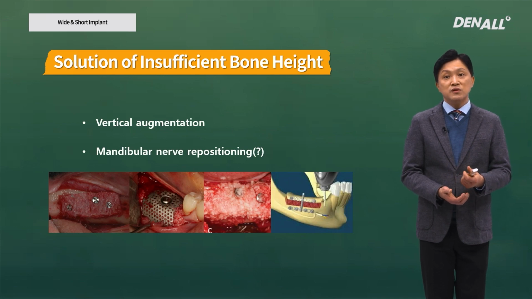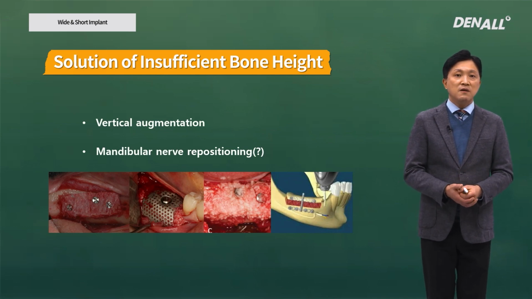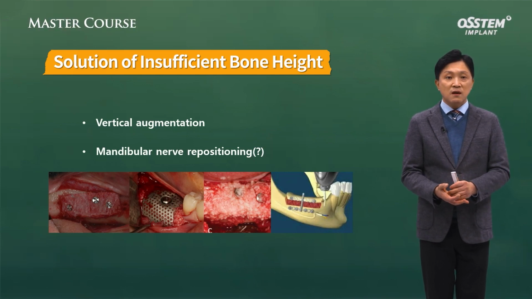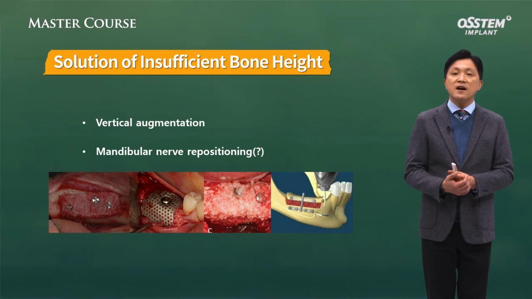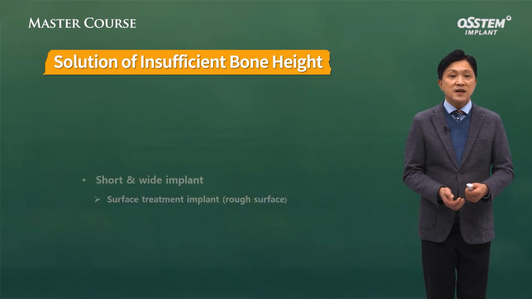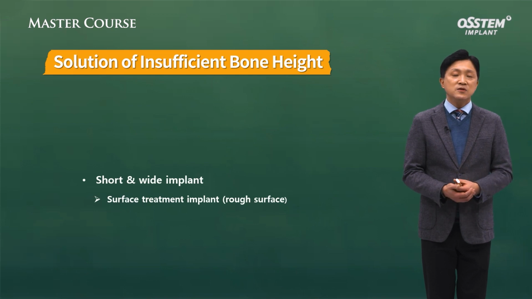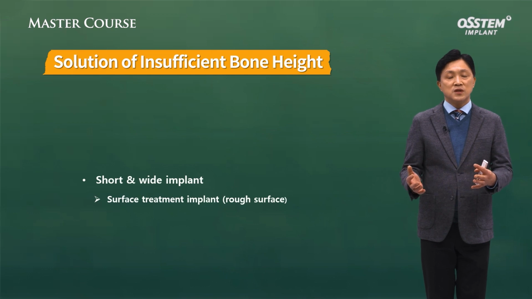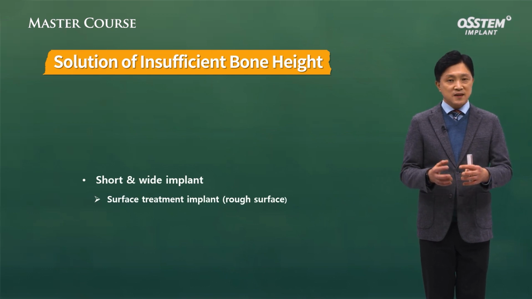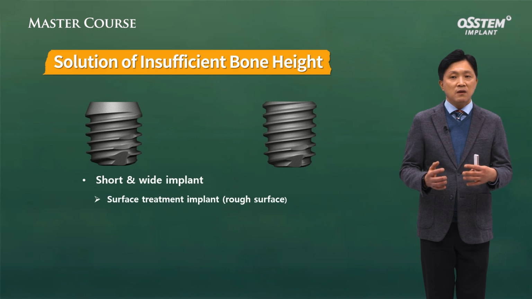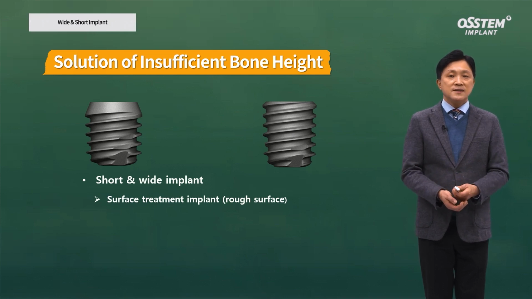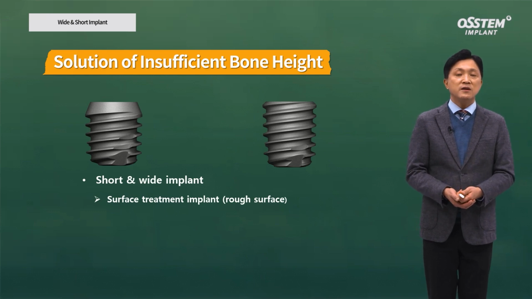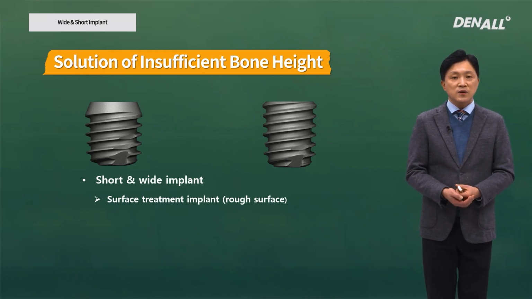To solve the situation surgically, you could do vertical augmentation to create bone, or you could also do nerve repositioning before placing the implant. But I think the most common case would be a short and wide-width implant. So the surface is wider in diameter, and we use that in case there is insufficient bone height.